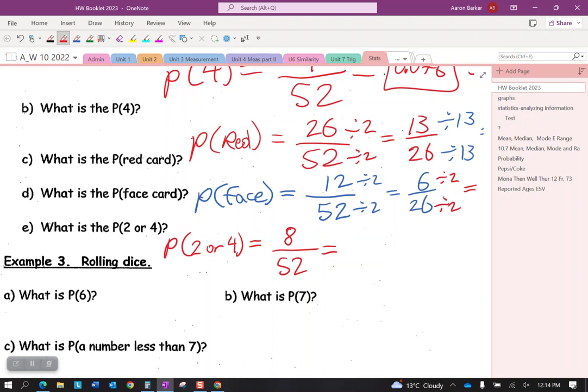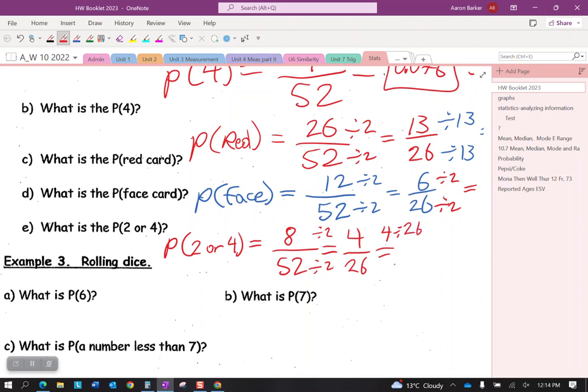Come on. Okay. Divide by 2. Put in lowest terms. Go. 4 over what? 26. Okay. Let's go to a decimal. Okay. 4 divided by 26.